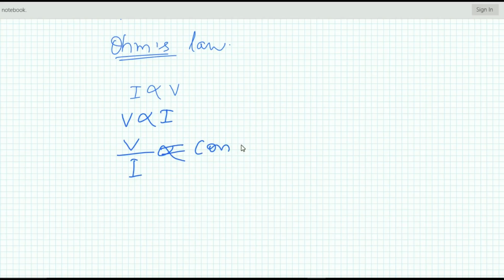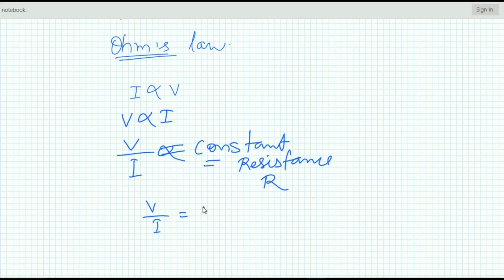This constant we call resistance, and it is designated by the letter R. That means V by I equals R. This is the relation developed by Georg Simon Ohm.